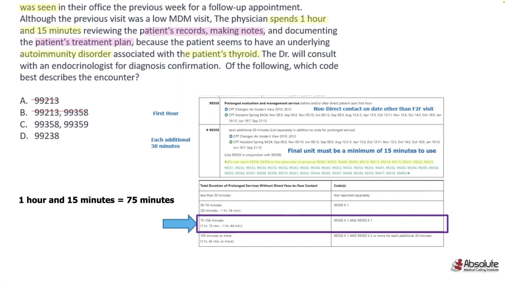So the first hour was 60 minutes, and we had 15 minutes remaining. So we can use 99359 because the final unit was a minimum of 15 minutes.